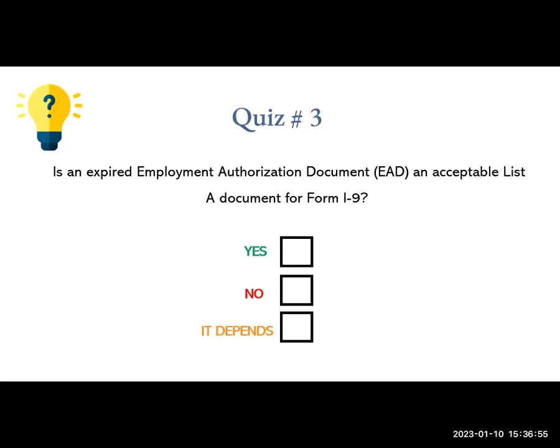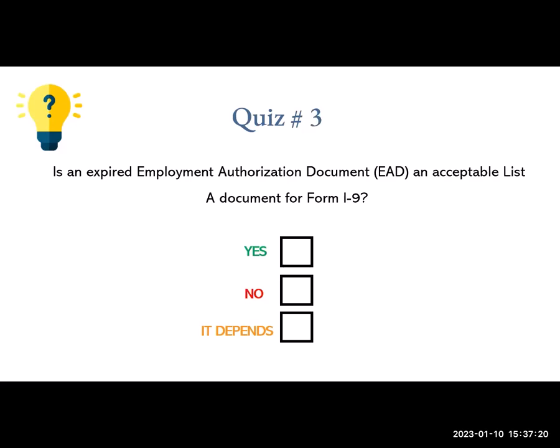It could be that you cannot accept it. I don't want you to leave here thinking that every expired employment authorization document is okay, because that is not correct. So that's why the answer is not a yes, it's not a no, it depends.